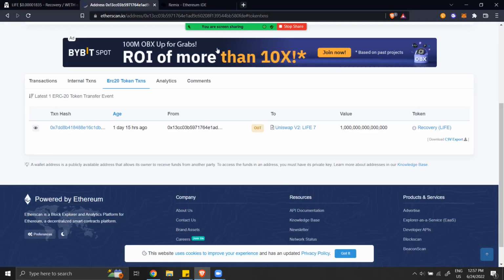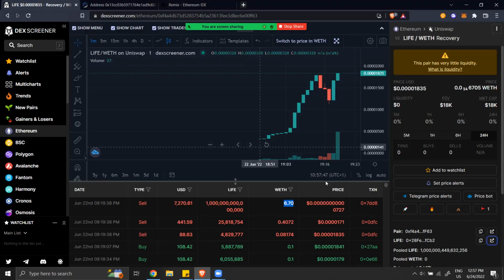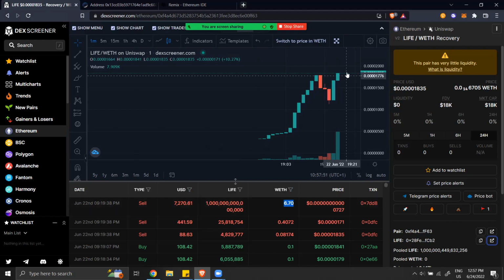So yes, he's sending more than the total supply of the token, and he's swapping it on Uniswap. That's what caused the price to crash. It's not displayed, but now the pair has very little liquidity.